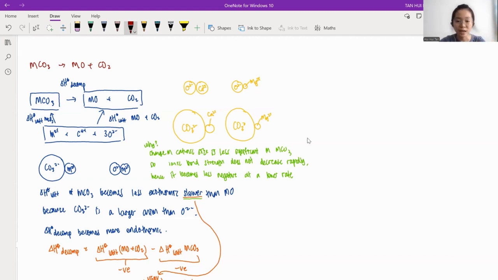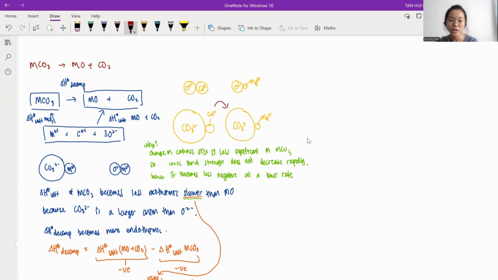As you can see, the cation and the anion, this change to this, the Ca2 plus, when it becomes smaller, Mg2 plus, it's not significant in your metal carbonate, compared to your calcium oxide and magnesium oxide.